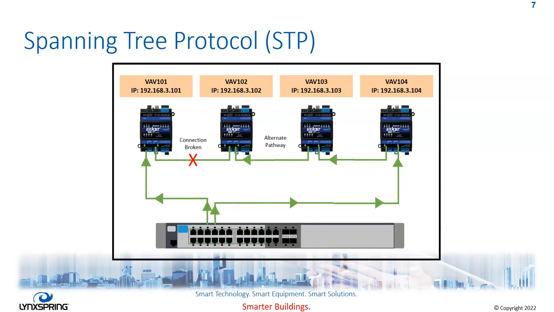So that secondary port is going to be opening up again to allow the communication to pass, keeping all controllers online. Once that connection is fixed, then the communication port will be blocked between 102 and 103 again.